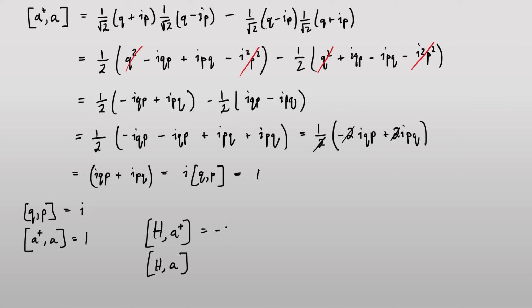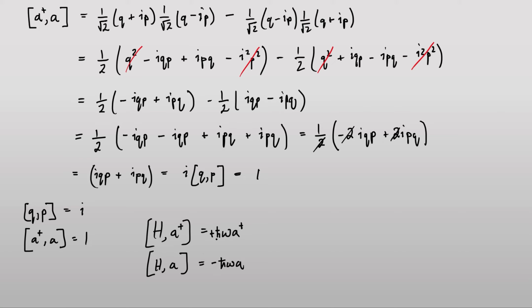So this guy is going to be omega alpha plus, and this one is going to be negative omega alpha minus, or not a minus, just A. Okay, and we'll see that these guys are related this way, and this is why we're going to call these guys raising and lowering operators, because this is a positive sign and this is a negative sign.